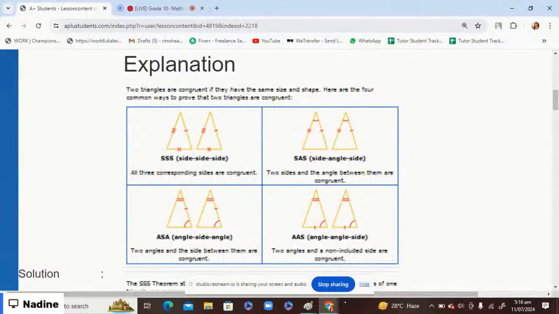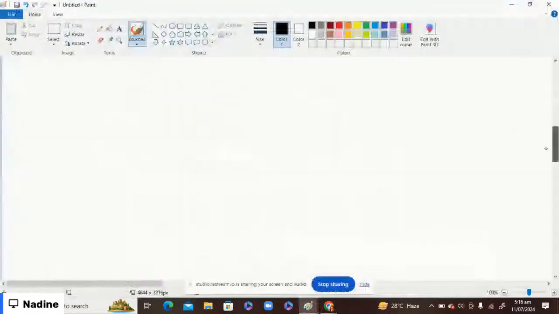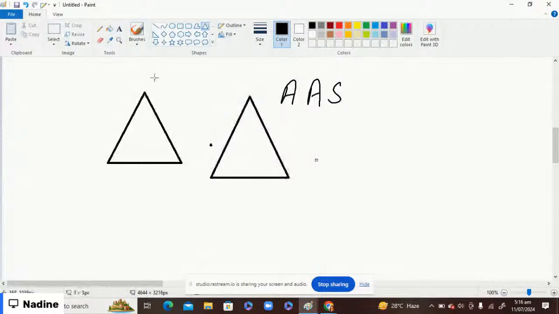If an angle and then a side is given, you compare this angle, then this angle, then this side. This is the way to compare all the things.